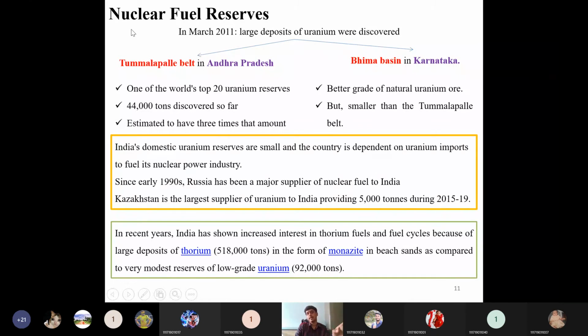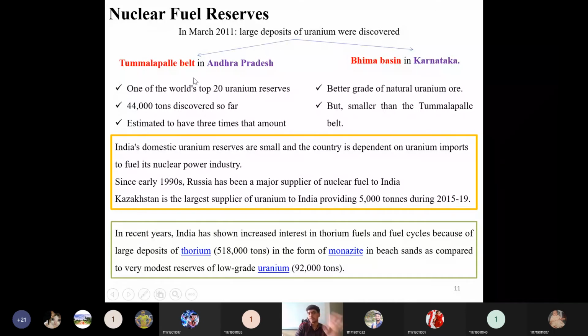In Andhra Pradesh, it is the Tummalapalli belt, located in Tummalapalli village. And in Karnataka, it is the Bhima basin. There are certain advantages of these mines. The Tummalapalli belt in Andhra Pradesh is known as one of the world's top 20 uranium reserves. Much uranium is there, but it suffers from low grade uranium reserves.